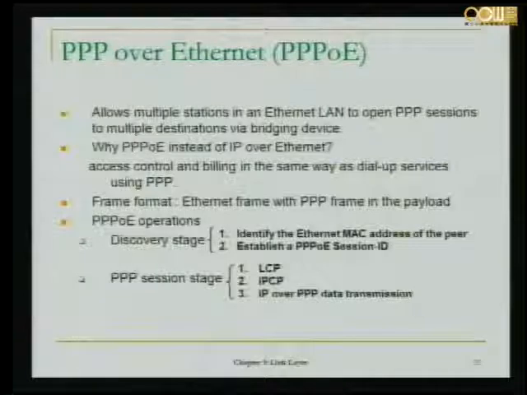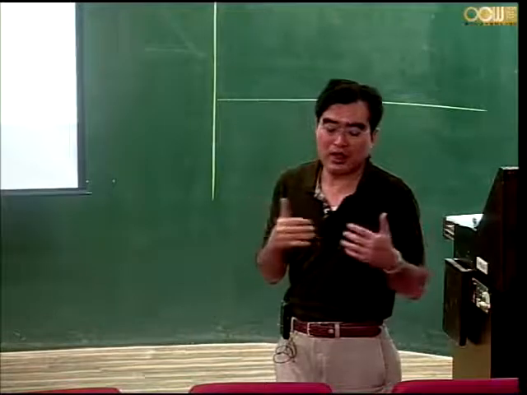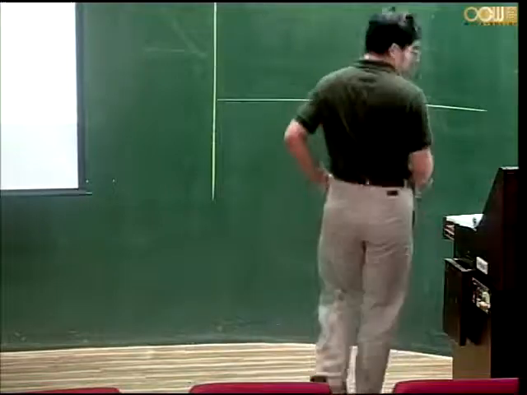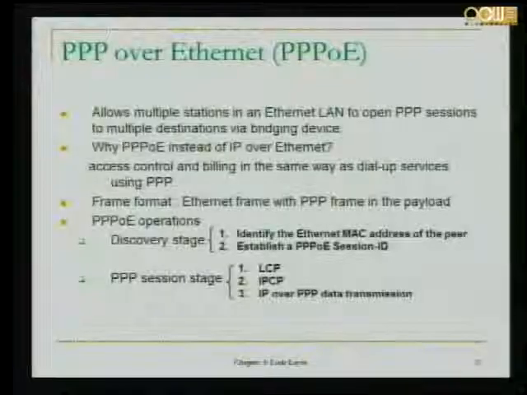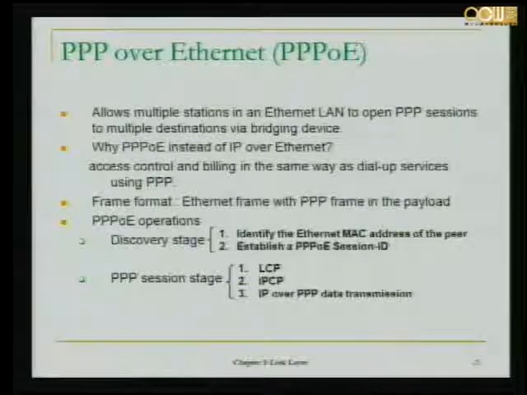There's a discovery stage because this PPP link is not between just two stations. At the customer side, this is not just one station. It's multiple stations connected by Ethernet. So you need a discovery stage to identify each of them. And then each of them would run through LCP, IPCP, and in between LCP and IPCP, you have authentication to log in.